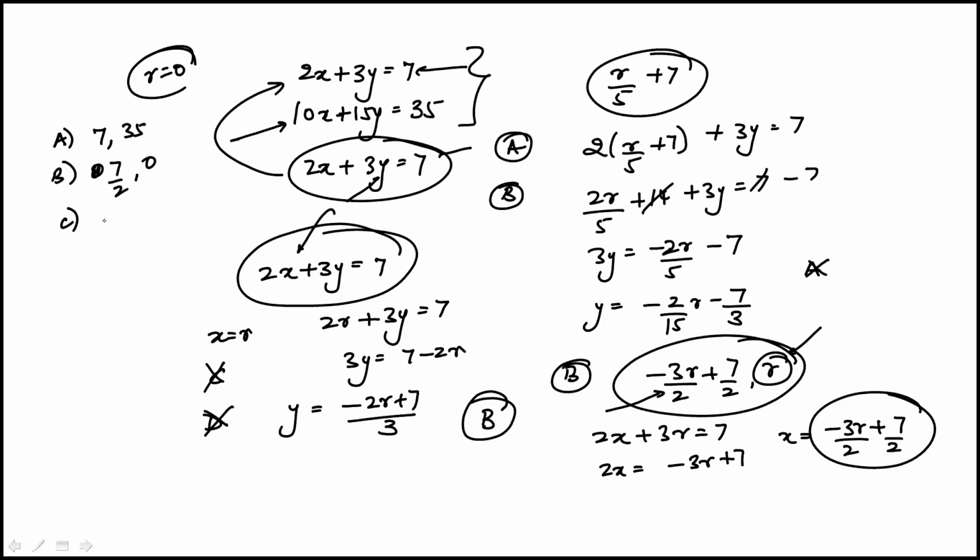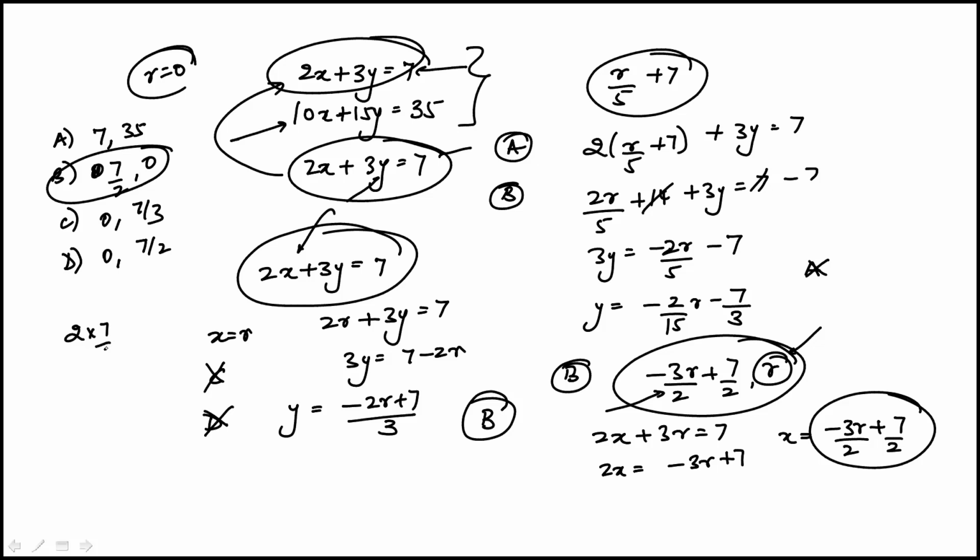C is, first I need to make sure they're all different, 0, 7/3, and then D is 0, 7 over 2. And then you plug that in to this equation. Now that we know the answer, we can check. Does that work out to 7? Well, it does, because that's 0. So that would be another approach.